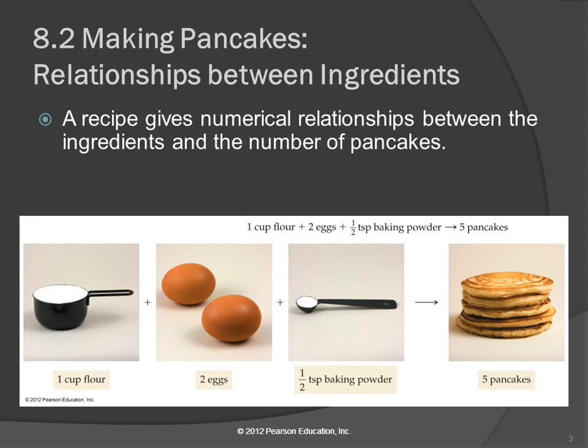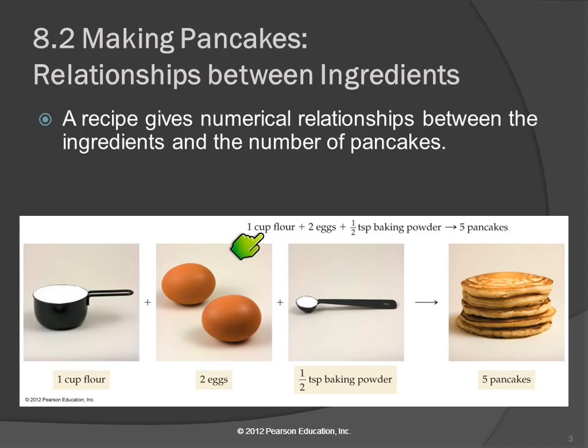So it's helpful to think about things that we have experience with in real life. So making pancakes. Here is an example recipe, and don't try that at home because it's missing some things. But a cup of flour plus 2 eggs plus half a teaspoon of baking powder would give you 5 pancakes. Okay, that is a lot like a chemical equation.